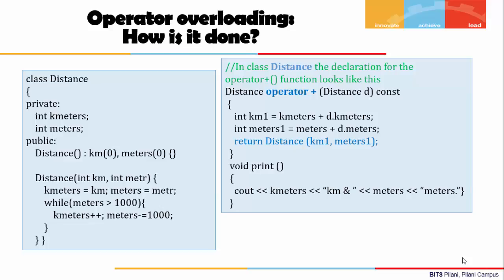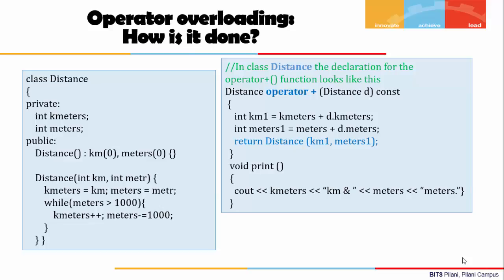So when we define an object of which it is a member, the operator's first operand is accessed directly, whereas the right operand is accessed as the function argument, as d dot kilometers and d dot meters. To calculate the return value of operator plus, we first add the kilometers and meters from the two operands.